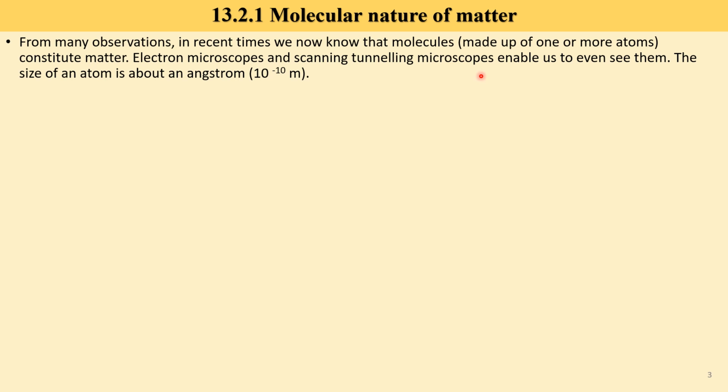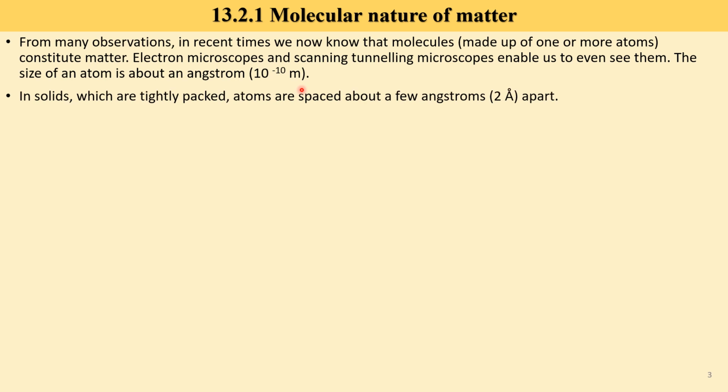The size of an atom is about an angstrom, which is equal to 10 to the power of minus 10 meters. It is very small, but we are able to see it through scanning tunneling microscopes.